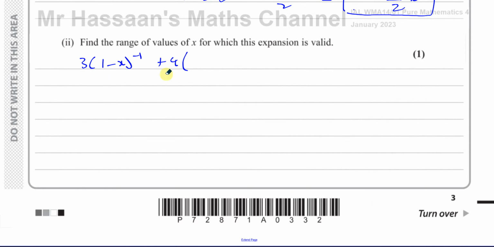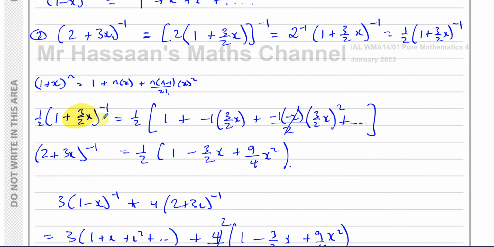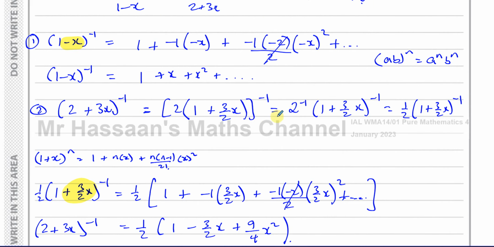I'll write it in this form because, as you'll see in a minute, those were the two forms. That was 4 times a half, which gives us 2.